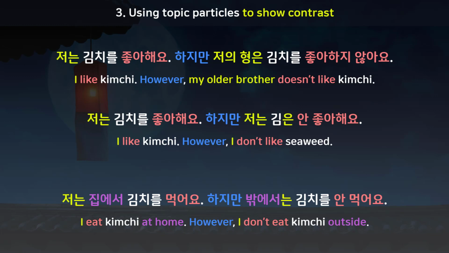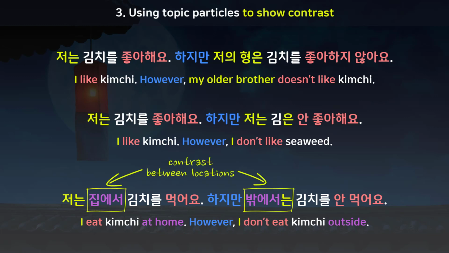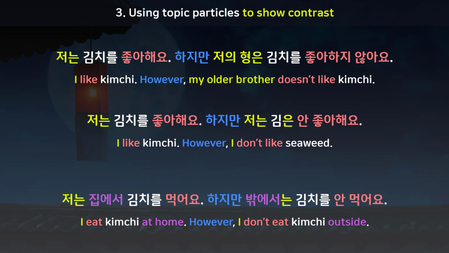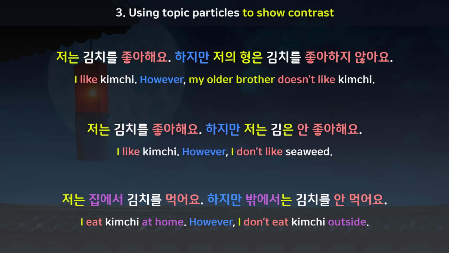So in these sentences, we're showing a contrast between how I eat kimchi at home, but not outside. And to show a contrast between two locations, we use the location particle 에서 with the topic particle 는 in the second sentence. So although the topic particle can replace the object particle when we're comparing two objects, with other particles, we use them together with the topic particle.